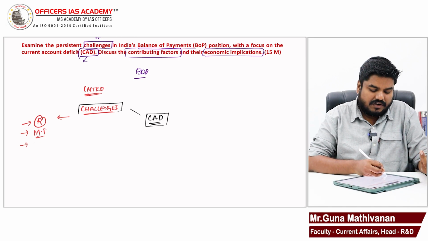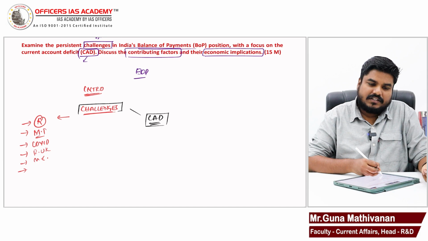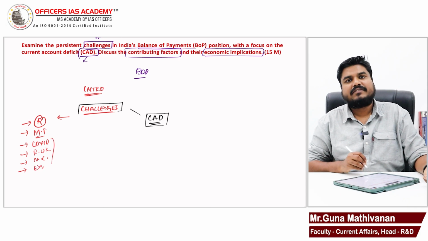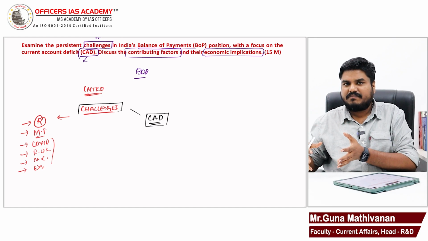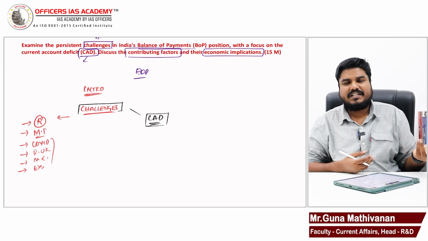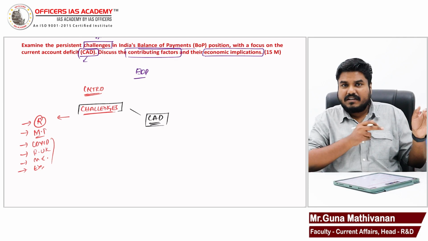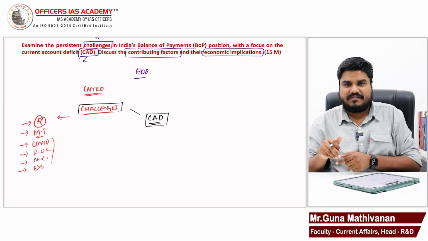Likewise, you can mention the COVID scenario, the Russia-Ukraine war, the Middle East conflict, so the externalities you can mention. Along with resource deficit and climate change, all these factors you can mention. These are putting challenges on our current account deficit.